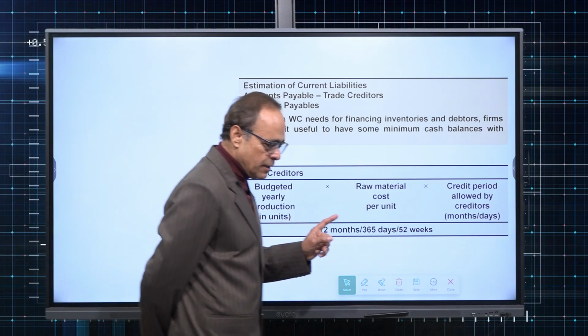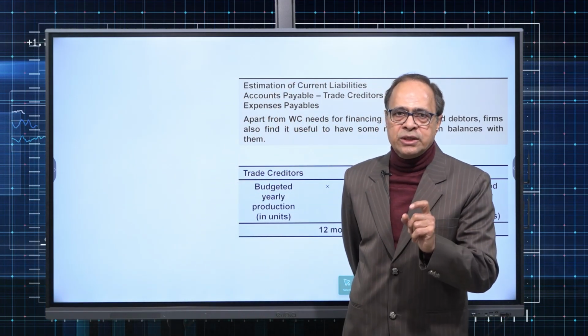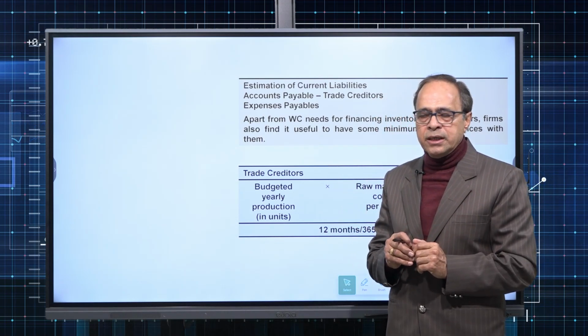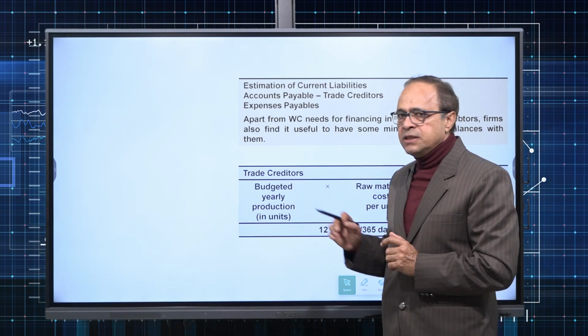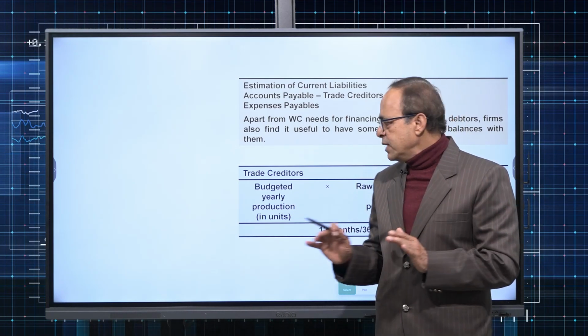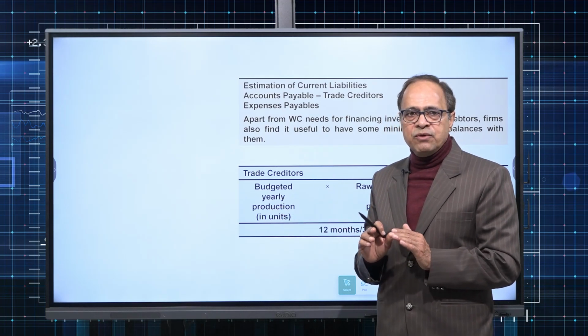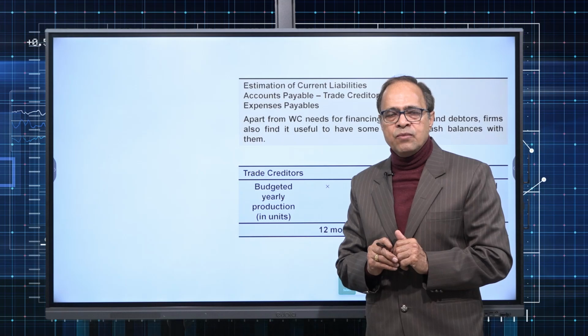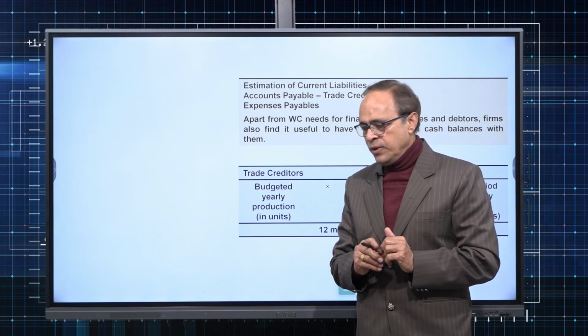So if we take an example, a company is producing 2 lakh units and 2 lakh units are purchased from the market as raw material, and credit purchase is only for 75% of the component, then 2 lakh will not be used at this place. We will use 75% of the 2 lakh, that is 1,50,000. So you have to take care.